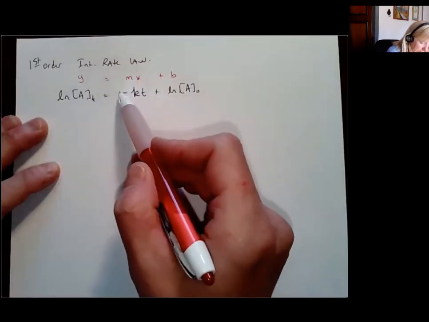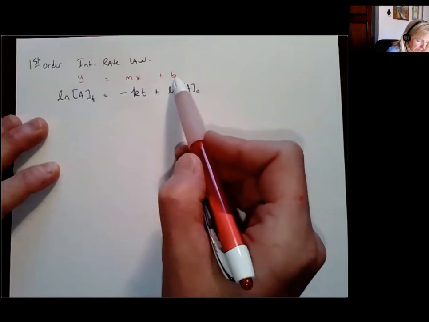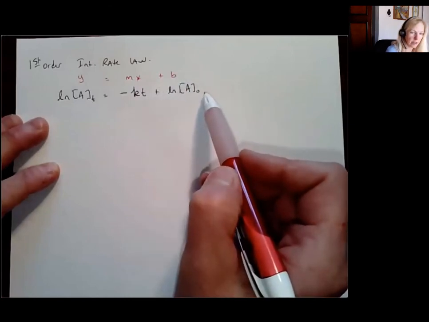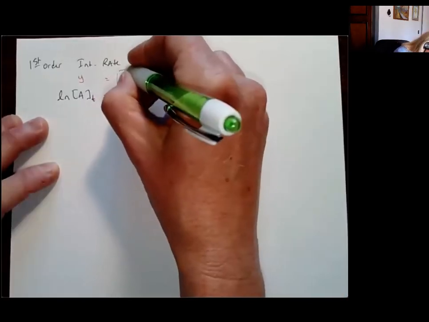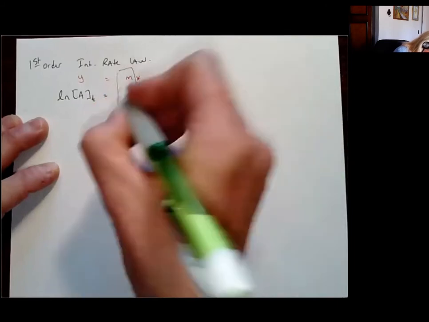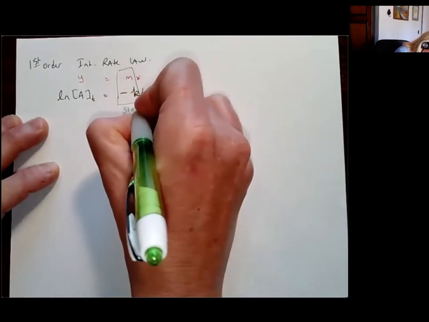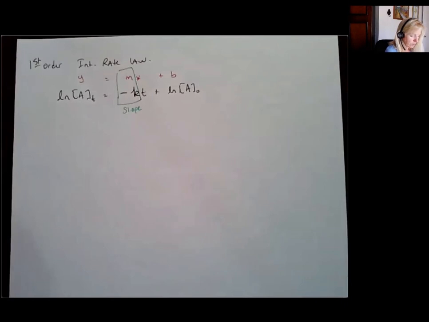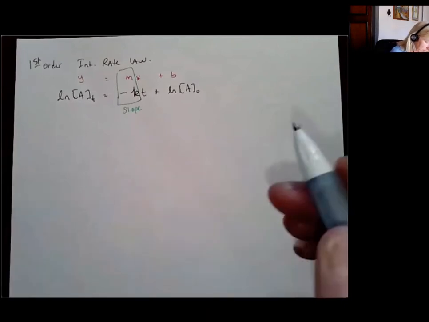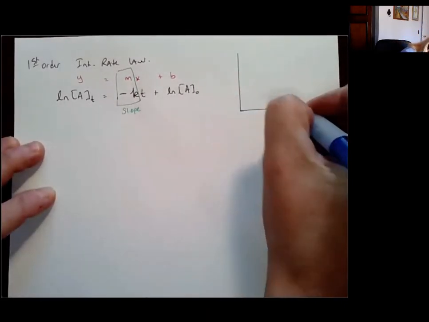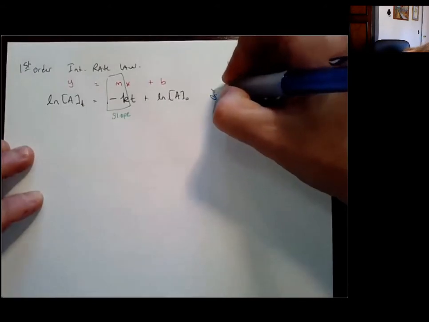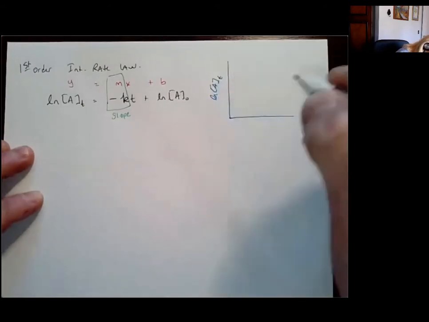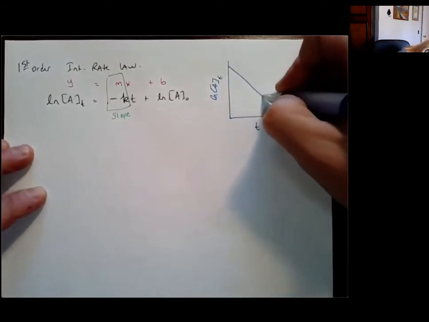The slope is going to give me the rate constant, and b is going to give me my y-intercept. So oftentimes we'll graph these to get this slope here, which is going to give you the rate constant. So this graph would look like this. This would be ln of A at time t. This would be t. My graph's going to look like this.